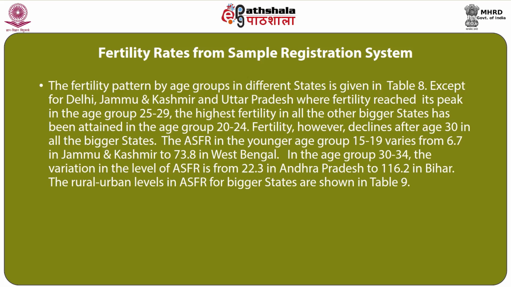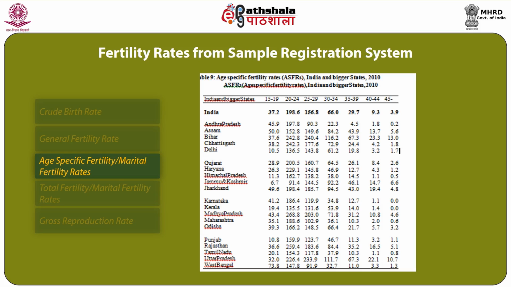The rural-urban levels of age-specific fertility rate for these states are shown in the table, which clearly reveals that the variations across states are very huge, and that the levels have differed widely across age groups, and not only across age groups but also among the many states within the country of India.